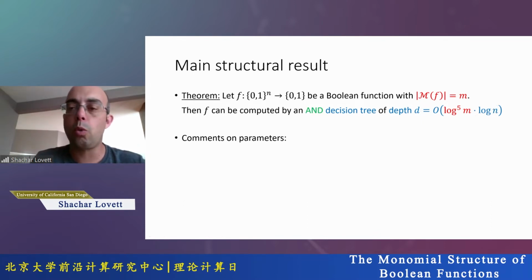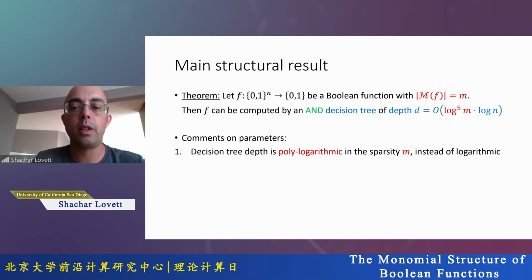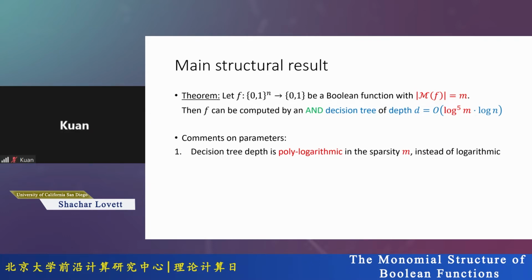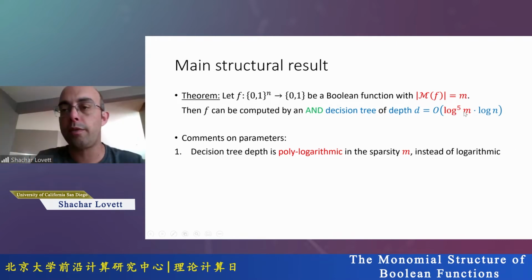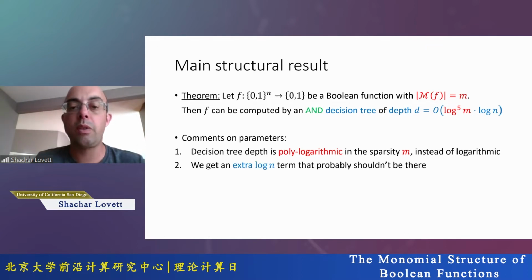So again, commenting on the parameters, if this was log m, this would exactly match our example. But for technical reasons, we get log m to the power 5. So it's polylogarithmic. And even more annoying, the number of variables should not really be important here, but somehow it comes up in the proof. And we don't know how to get rid of it.